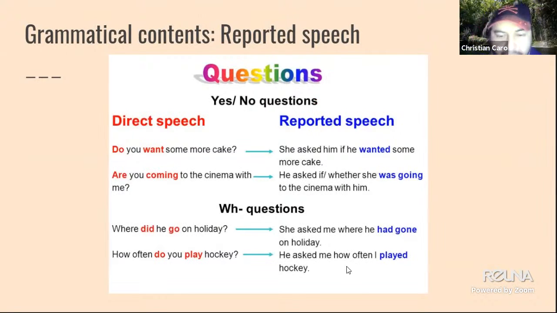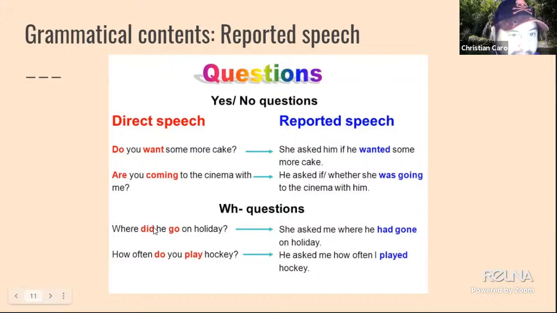For example, where did he go on holiday? She asked me where he had gone on holiday. So in this case, again, no usamos if o whether, sino que usamos la misma question word, y unimos la main clause with the subordinate clause in this case.